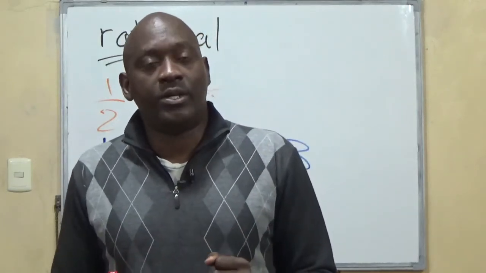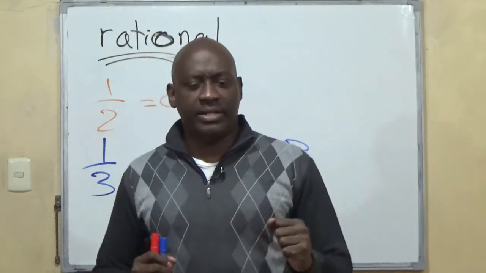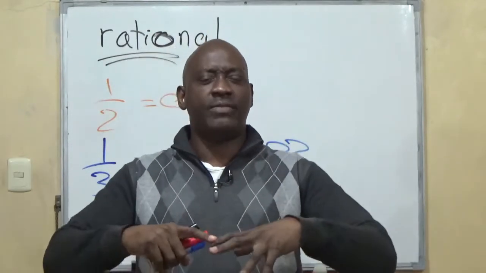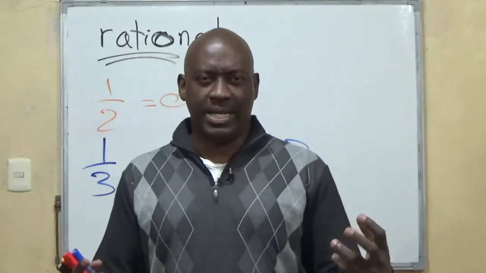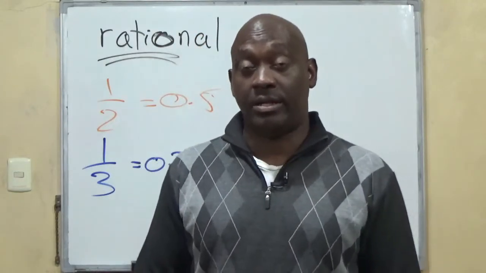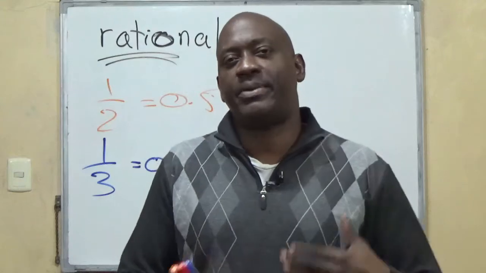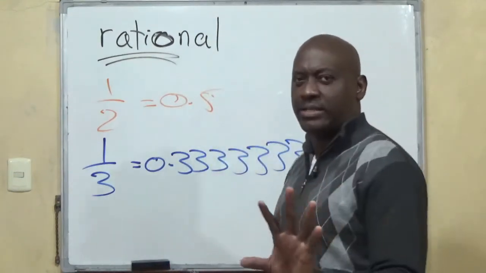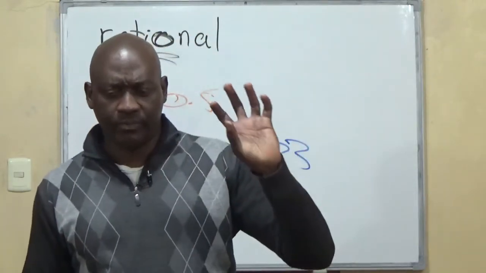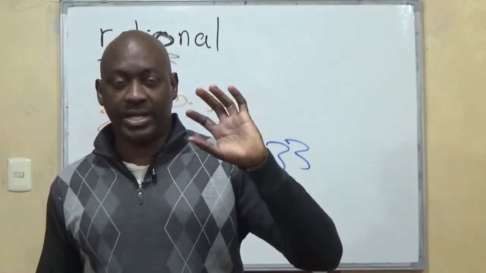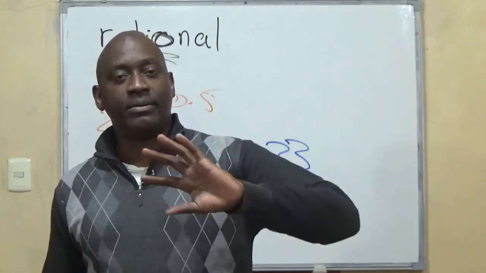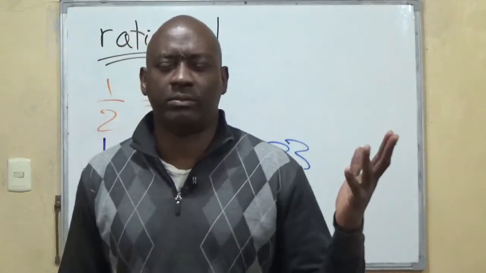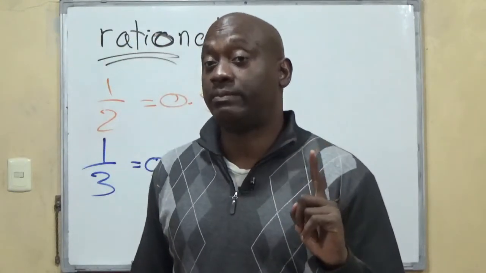So if you're having difficulty remembering the difference between a rational number and an irrational number, think about the idea of the decimal expression of the number coming to a stop. So anytime you write a ratio and you transform it to a decimal and the decimal is stopping at all, then that is an irrational number.